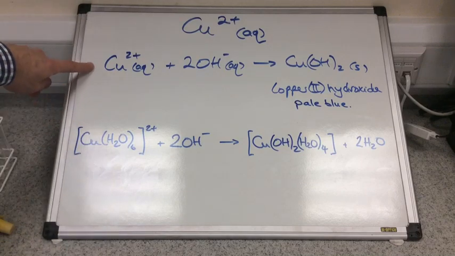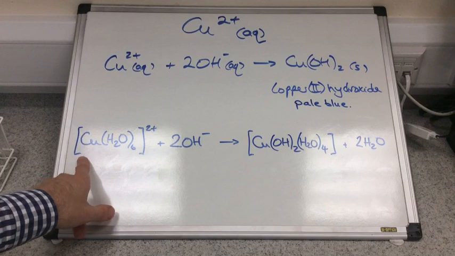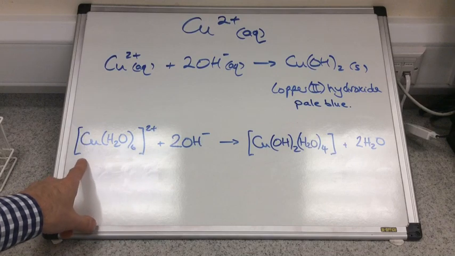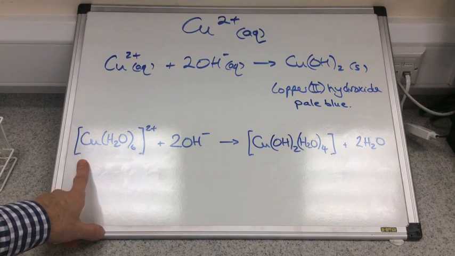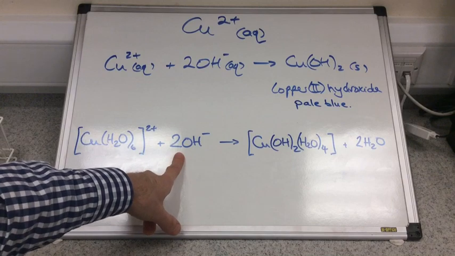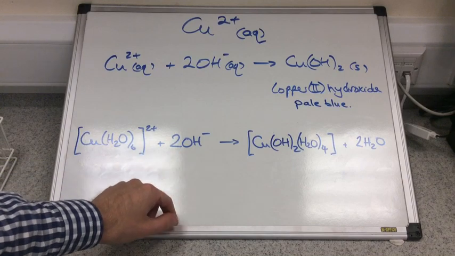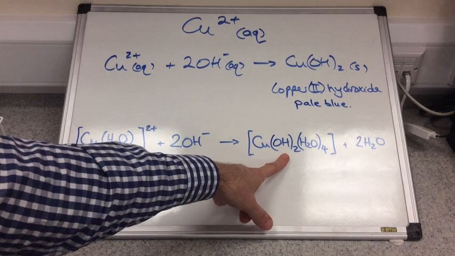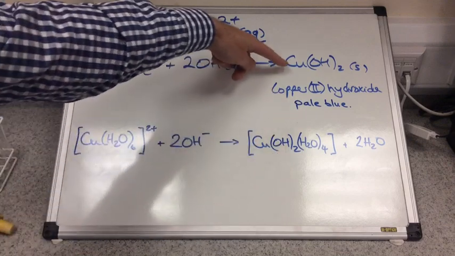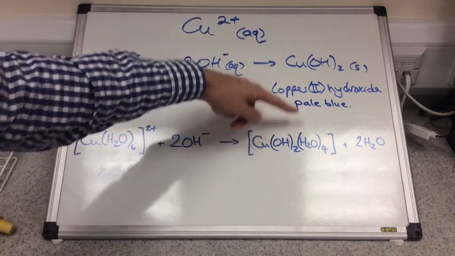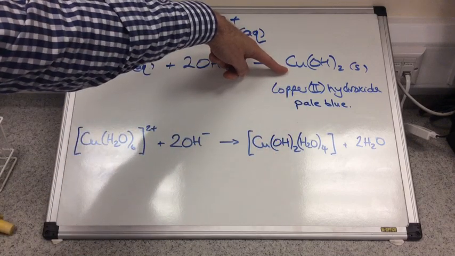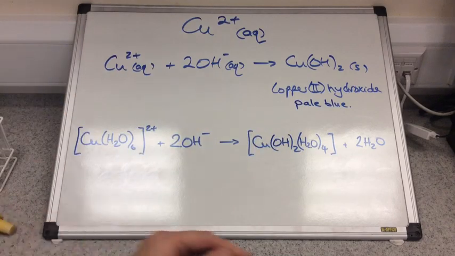Instead of Cu2+ aqueous, we've written the full hexaaqua copper 2 plus ion, reacting with 2 hydroxide ions, and we've got this neutral complex formed. This is the full formula for the copper 2 hydroxide precipitate and 2 water molecules.